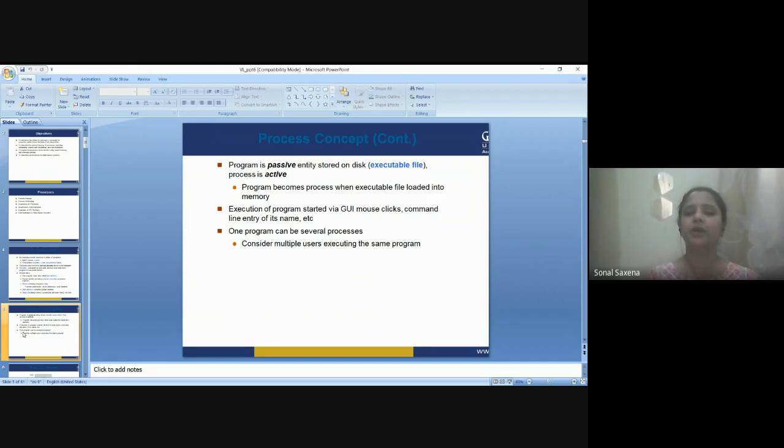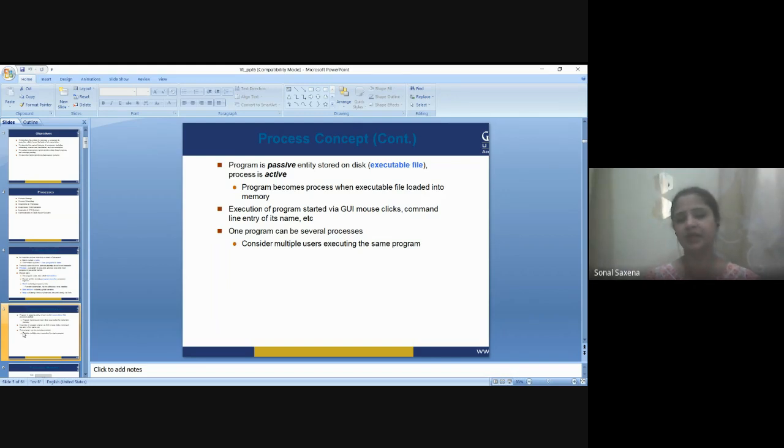Now, one program can have several processes. Okay. Now, what do we mean by that? See, a program is not a single piece of code. It could be multiple pieces of code. So there could be a chance that sometimes we need to run in parallel all the processes residing inside the program, right?